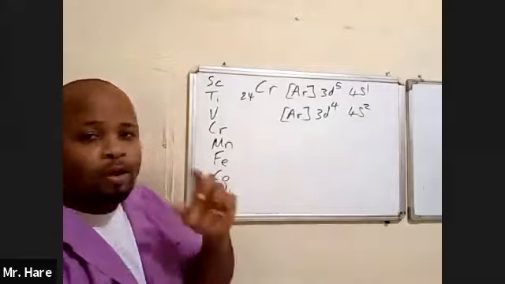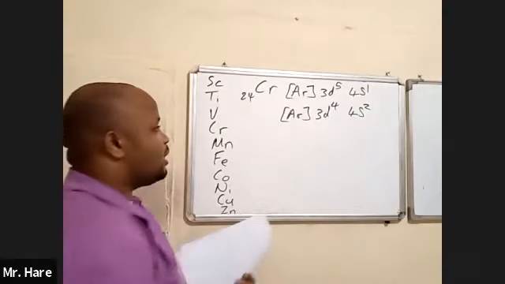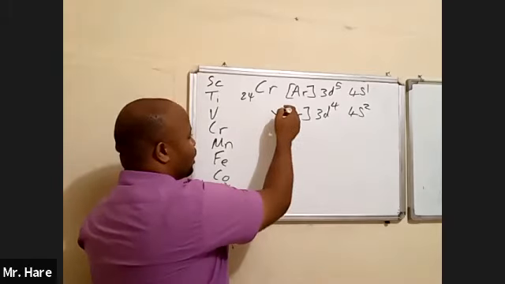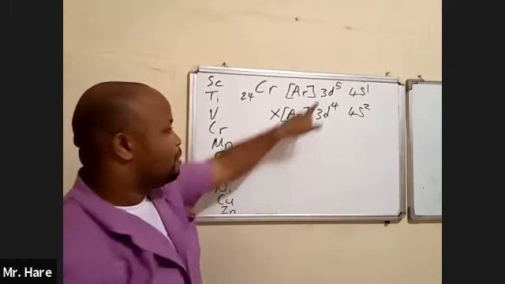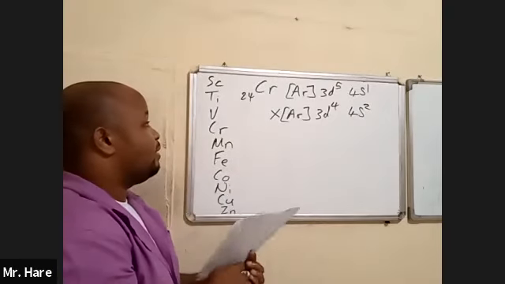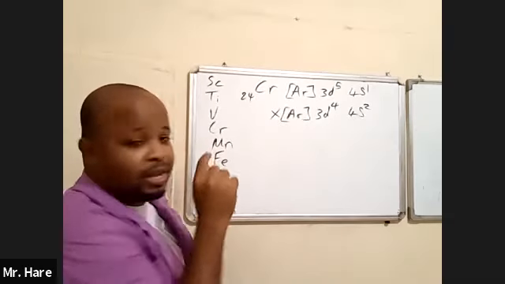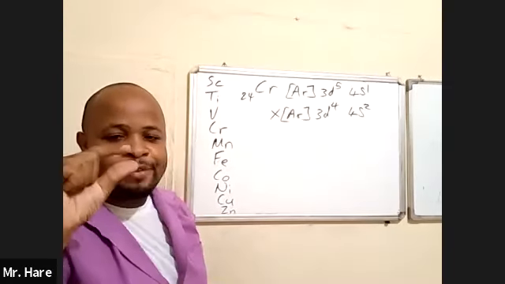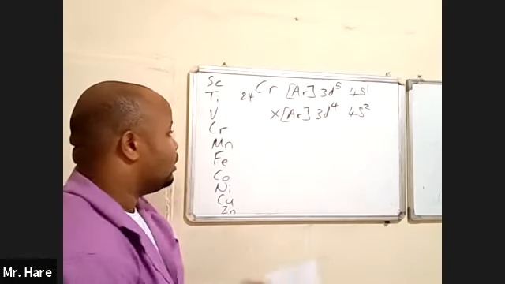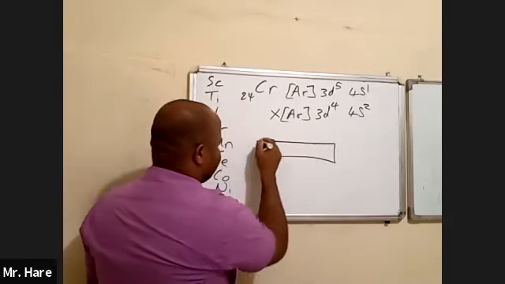However, with chromium, this is not the electronic configuration. This one is, and the reason they say is that the 4s orbital and the 3d orbital are very close in energy. So let me just do the box method.